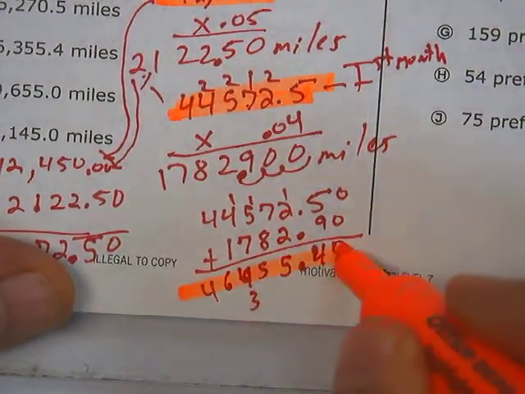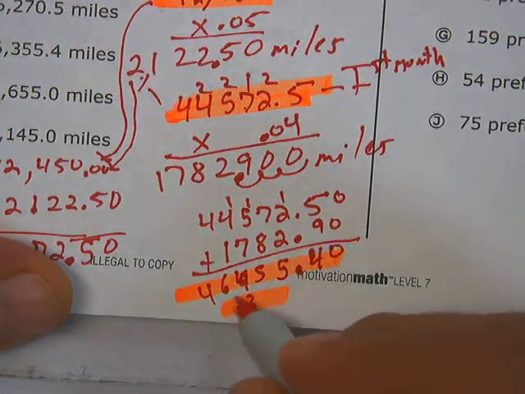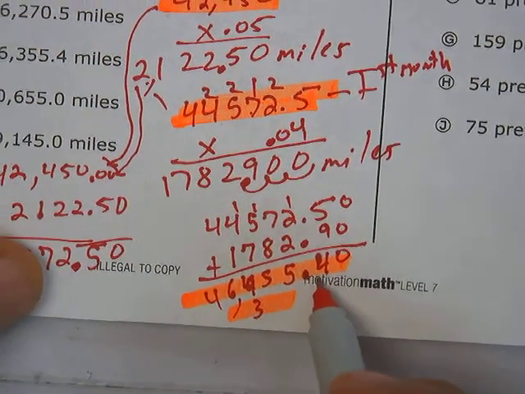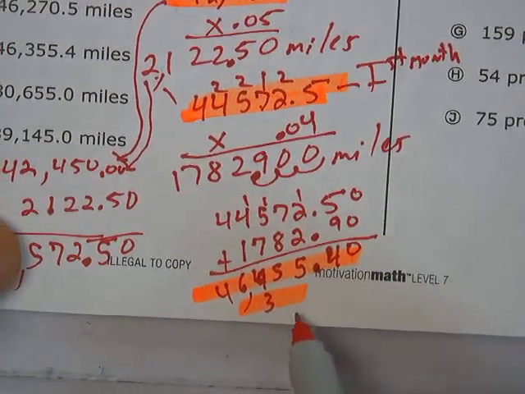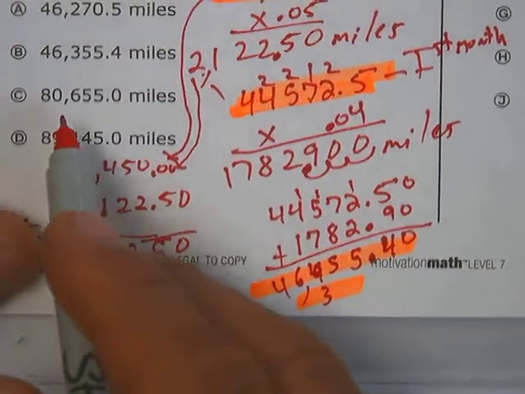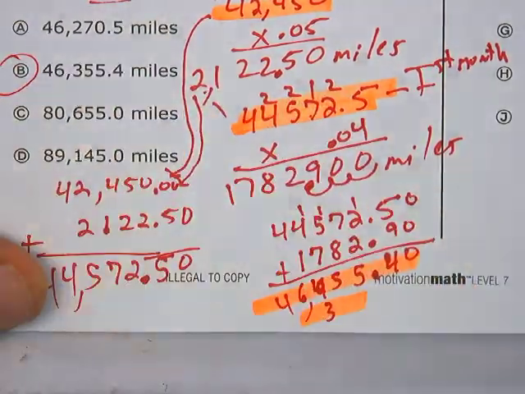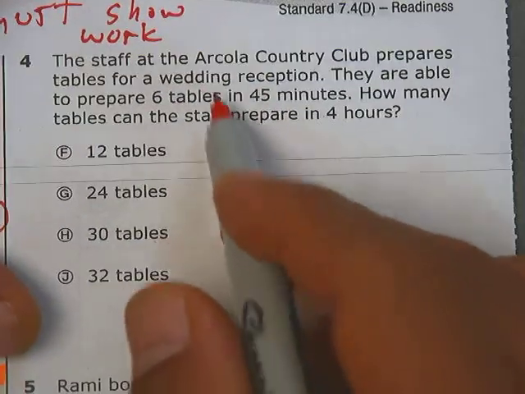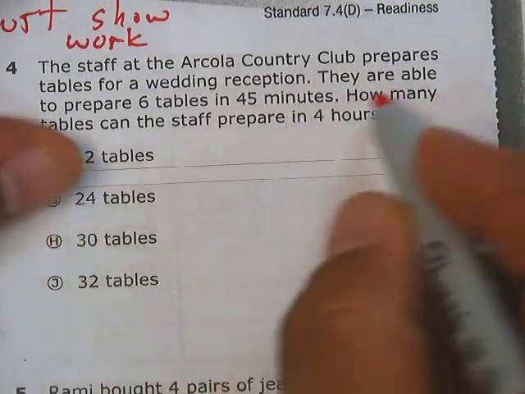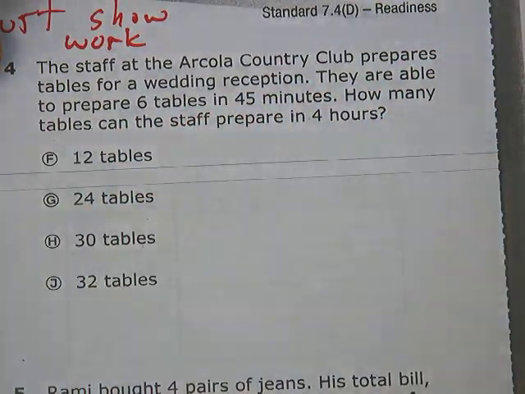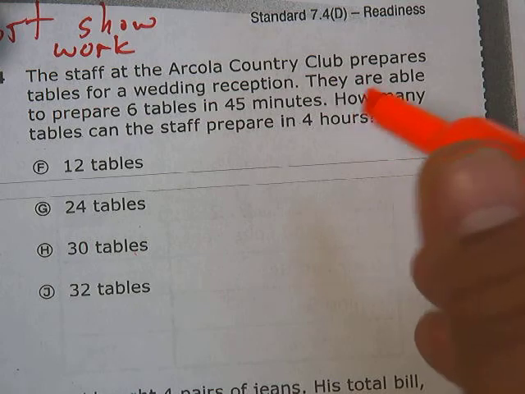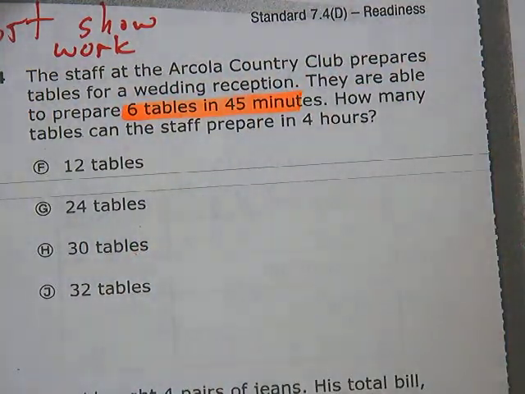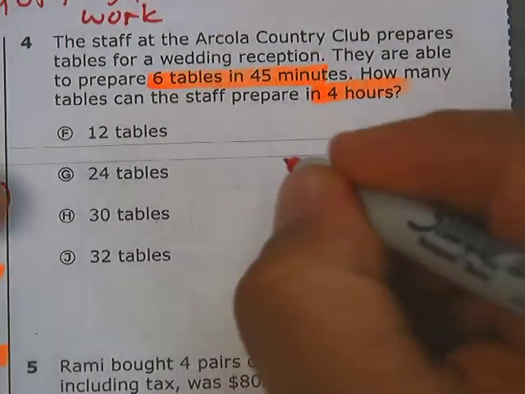That's 6, 8, 14. I'm sorry, 13. Sorry, 13. 6, and then 4. And so now my new mileage is 46,355.40. And that's my answer right there. Okay. The next one there.